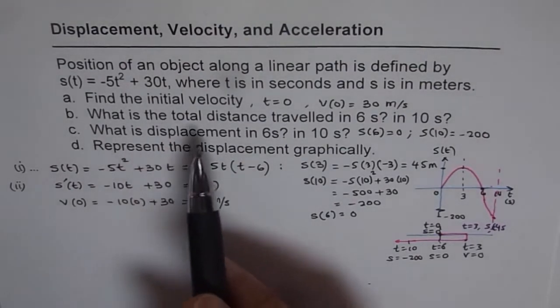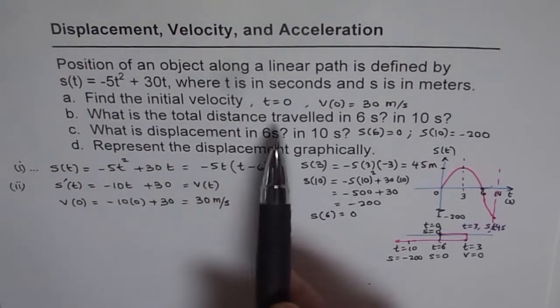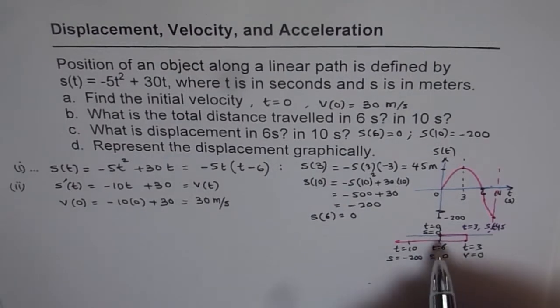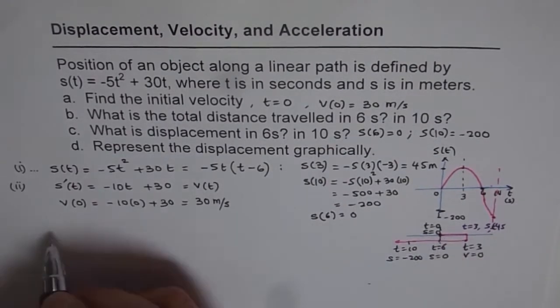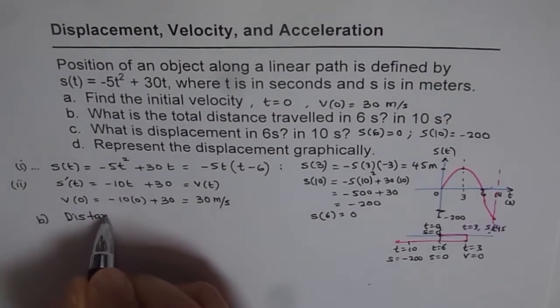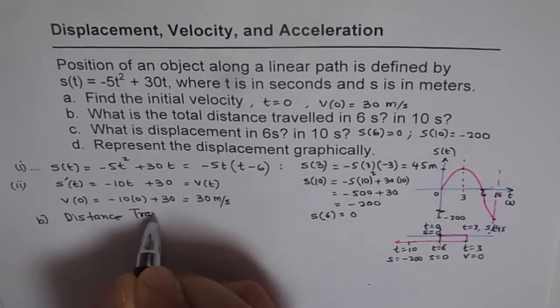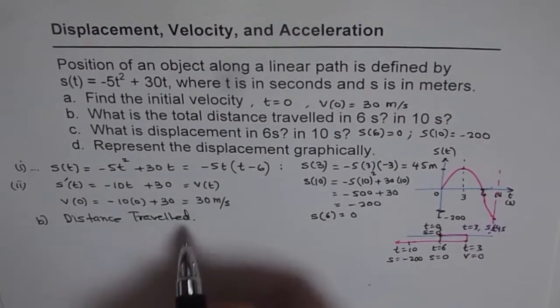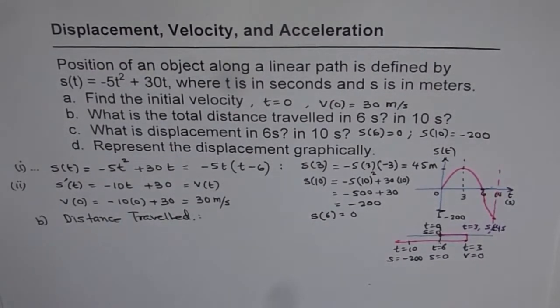Let's go through that now. What is the total distance traveled in 6 seconds and in 10 seconds? That is what we are interested in doing now. So now we will do part B, and that is distance traveled. In fact, in this video, that is the most important part which you should definitely understand.